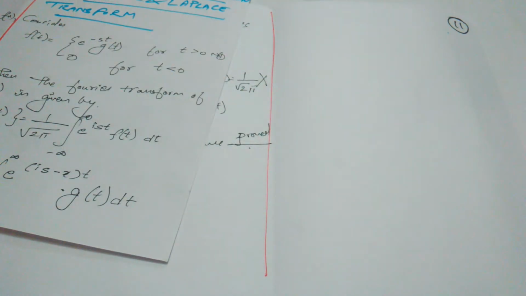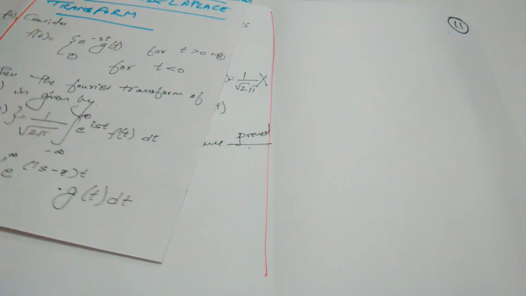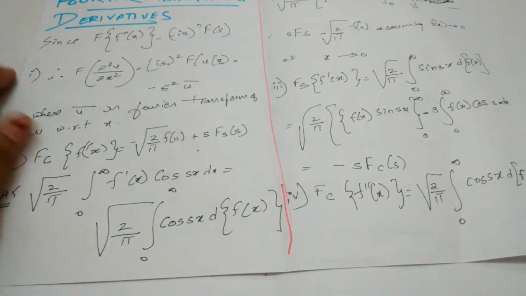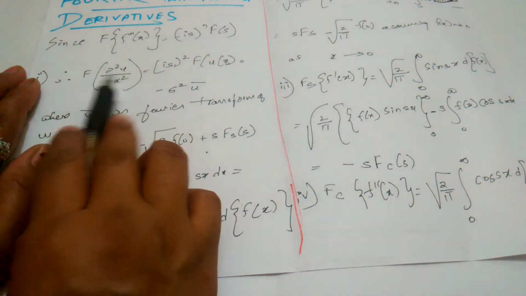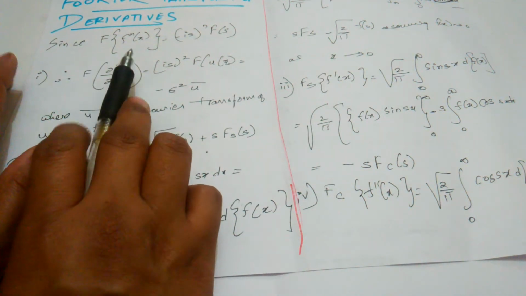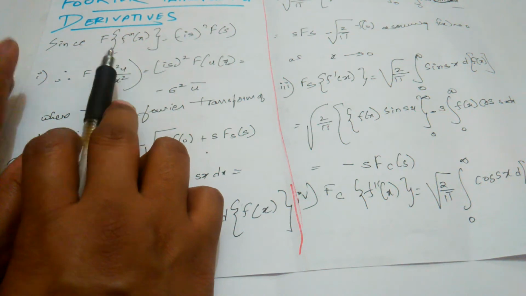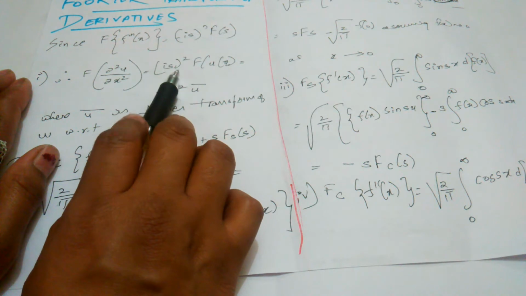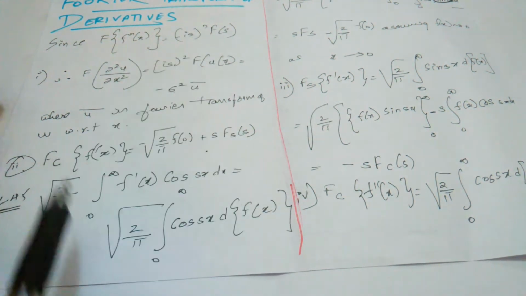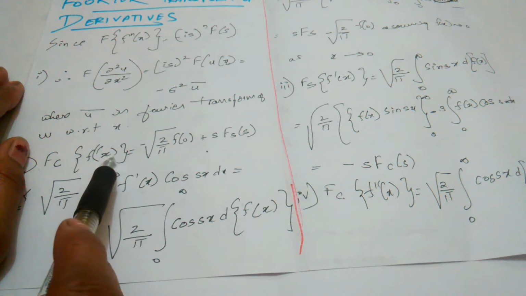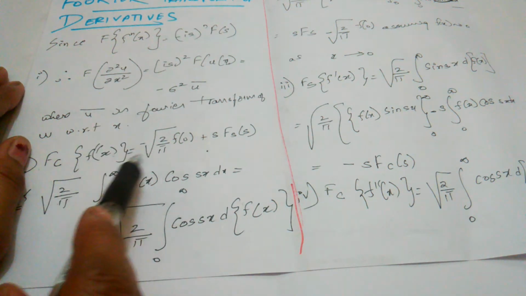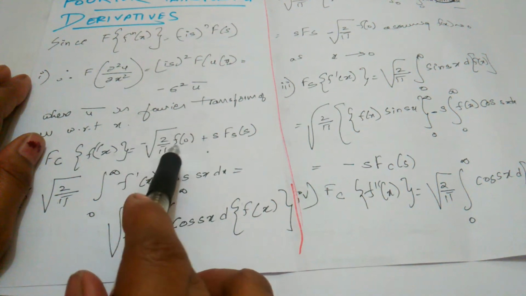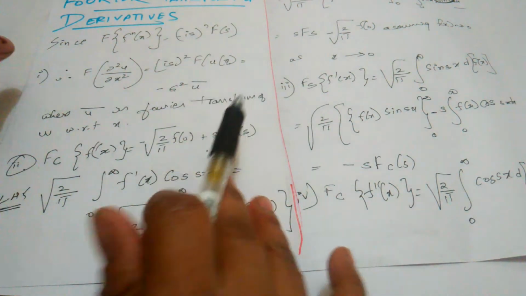Okay, so I hope you have understood what we have done in today's lecture. We have found the Fourier transform of derivatives. The first was F of d squared u upon dx squared, which equals (is) whole squared F of u. Second was F_c of f dash of x, which equals square root of 2 upon pi times minus f of 0 plus s F_s of f.